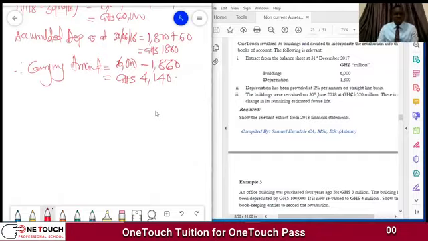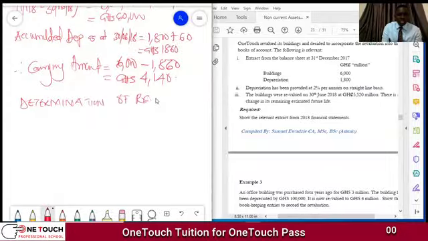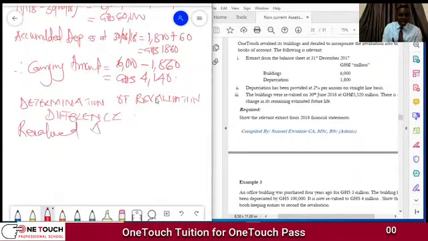Good. So now let's determine the revaluation difference. The revalued amount is 5,520.